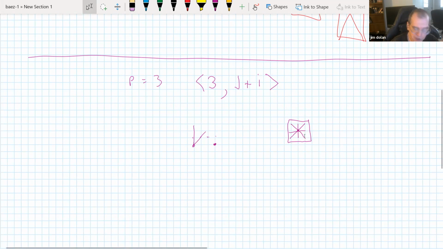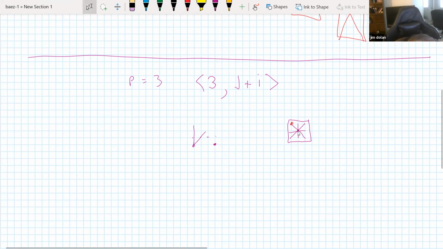Right, and each of those 4 points gives us a sub-Gaussian lattice of index 3, by just making it... let me give an example here.